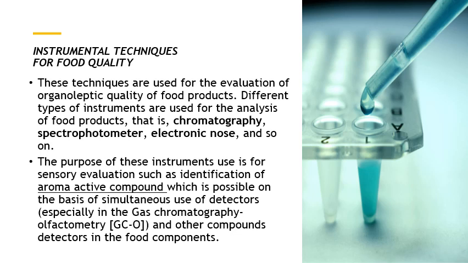The purpose of these instruments is to allow the sensory evaluation of these food substances and identification of the aroma active compounds, which is possible on the basis of simultaneous use of detectors, especially the gas chromatography and other compound detectors in food components.